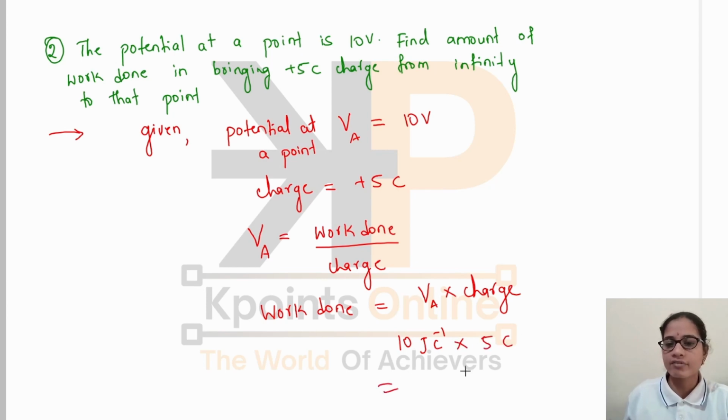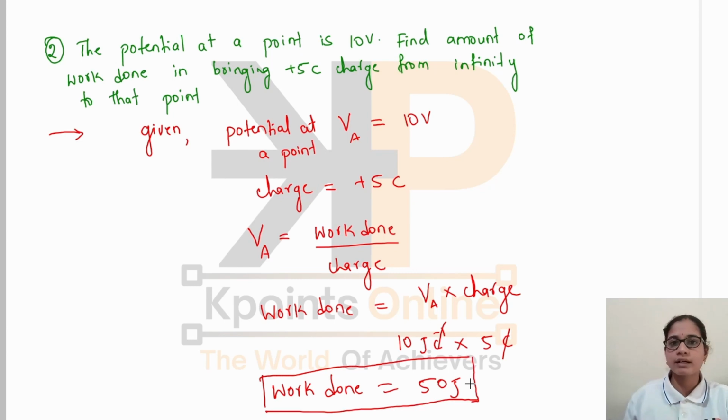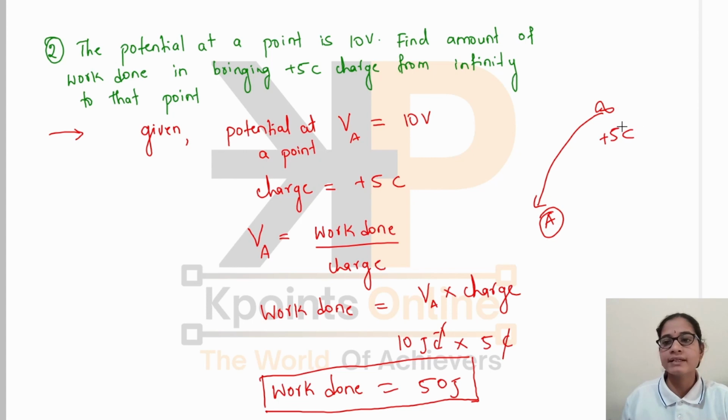So 10 5s are 50 joules. These two will get cancelled. So the work done is equal to 50 joules. What is this work done? It is the work done in moving the 5 coulomb of charge from infinity to the point A. In order to bring this 5 coulomb of charge from infinity to the point A, we are doing here 50 joules of work.